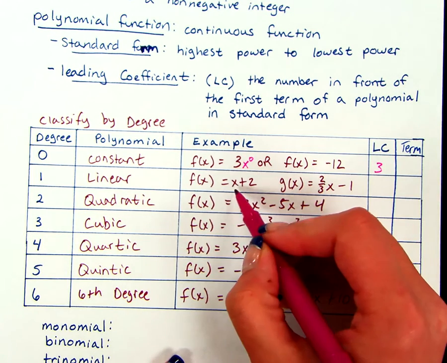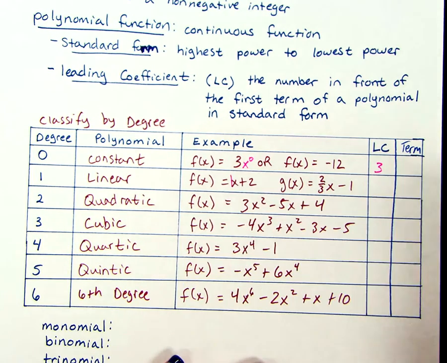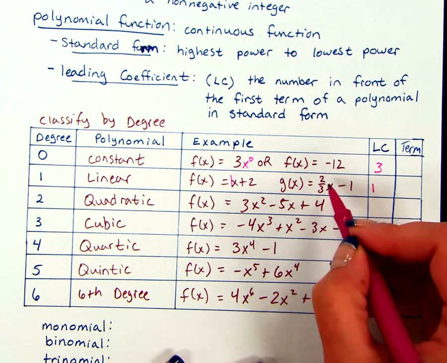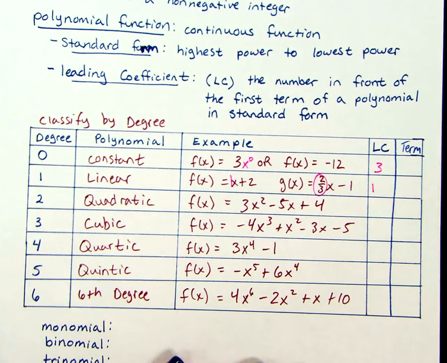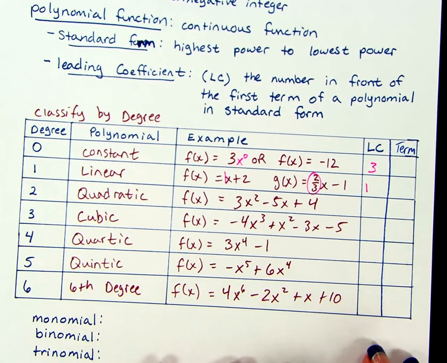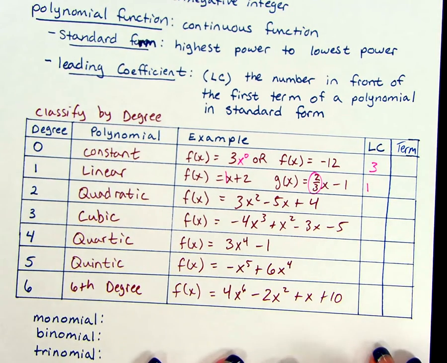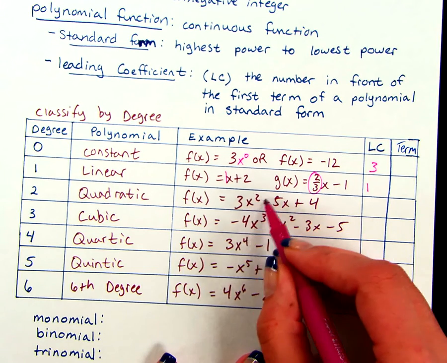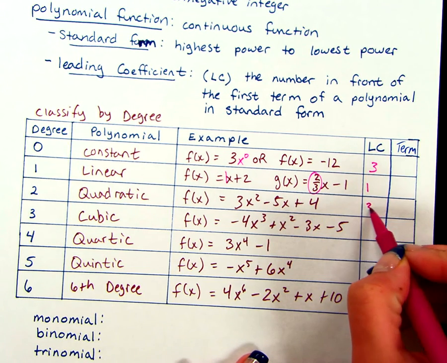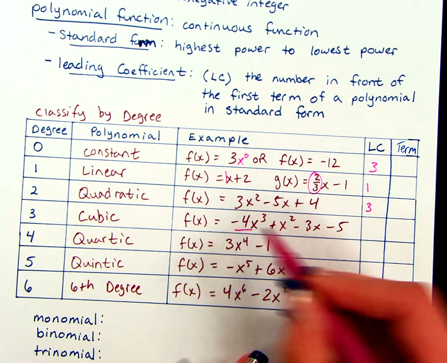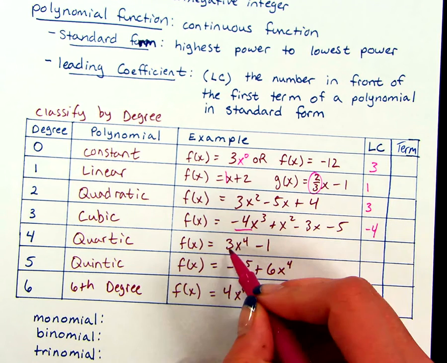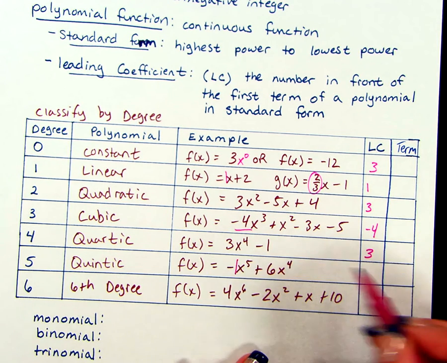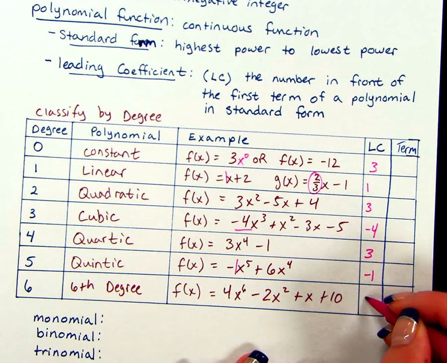If there's not a number there, we assume that it's a 1. So our leading coefficient would be 1 for this one. On our g of x equation, it would be the 2/3 for the leading coefficient. For this one, this is our highest power, so our leading coefficient is 3. Here, the leading one is -4. We have 3 again for our leading coefficient. This is a -1. And here we have a 4 for the leading coefficient.